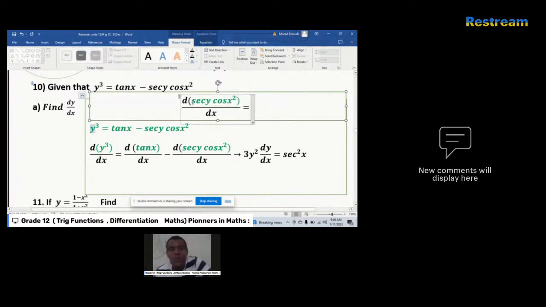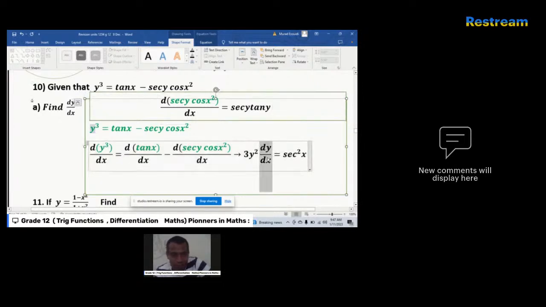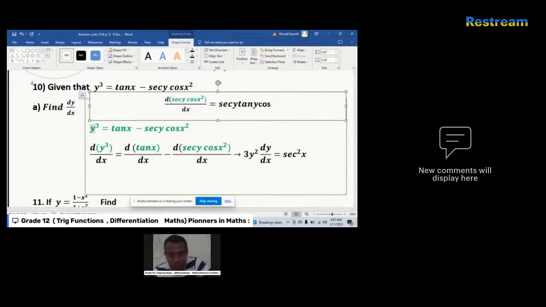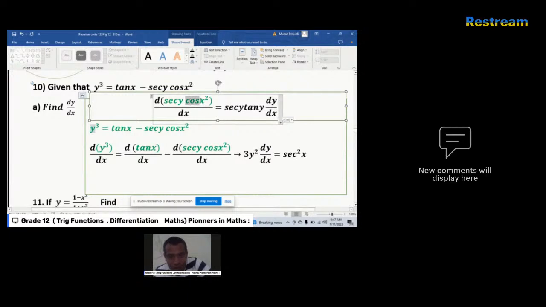The first derivative of sec y is sec y tangent y multiplied by dy with respect to x, and multiplied by cosine square of x. I keep cosine square of x as it is, not changed.